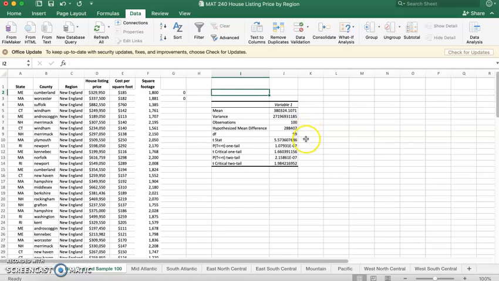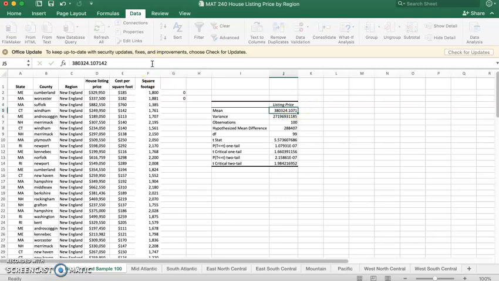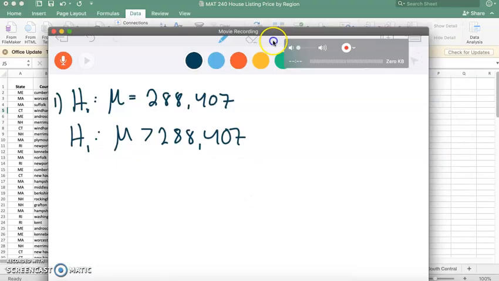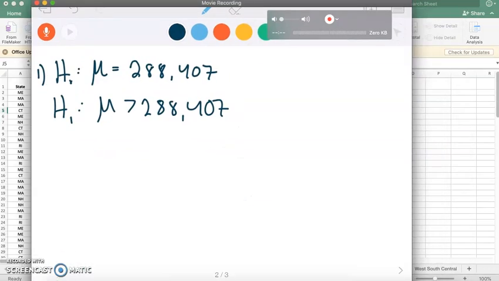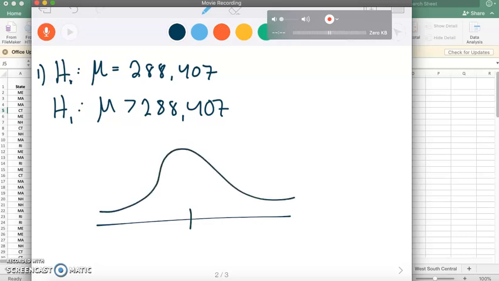Now, I'm going to go ahead and put up here listing price so that I know which variable this is, because we have two variables we're going to be analyzing. One thing I want to point out real quick that's extremely important. Remember our nice little normal curve? Just pretend that's a nice normal bell curve with a ton of symmetry.